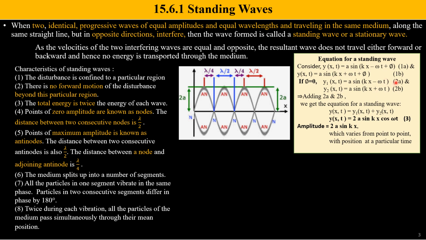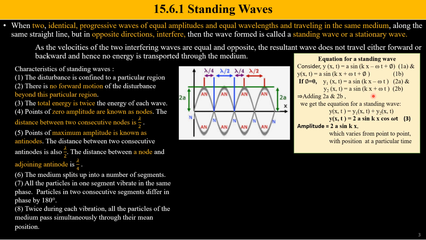So if we add 2a and 2b, we get y(x,t) = y1(x,t) + y2(x,t). Here we will get a sin(kx - omega t) + a sin(kx + omega t).